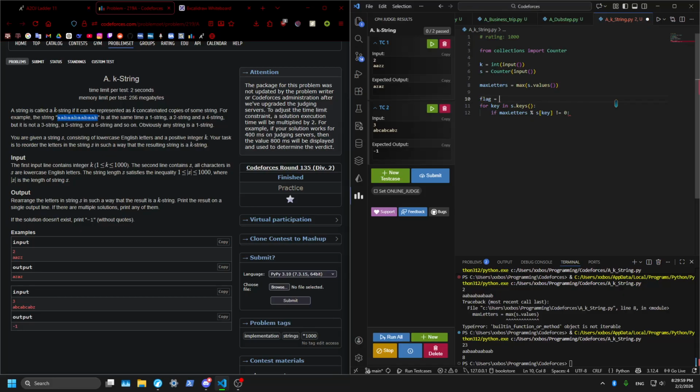Just gonna name it flag. Flag equals true, and then if it's not equal to 0, set flag equals to false.